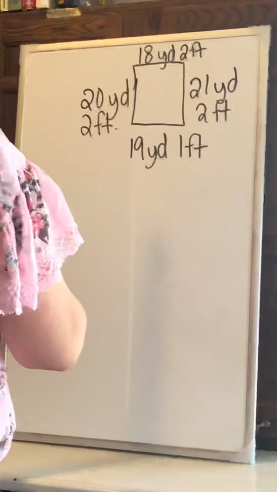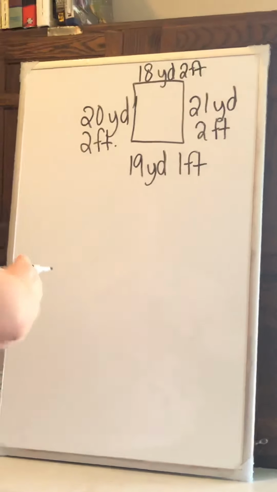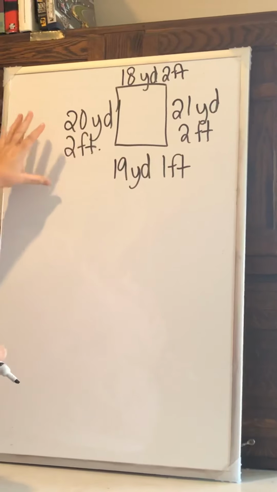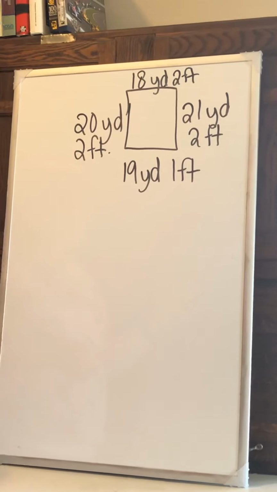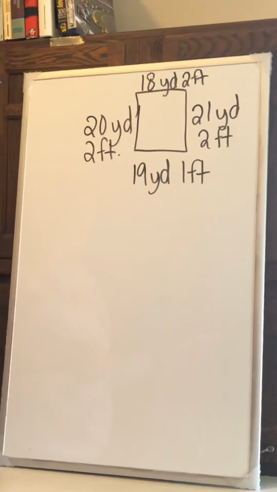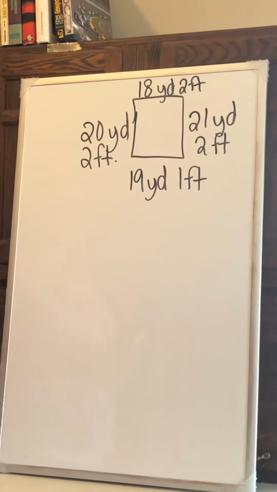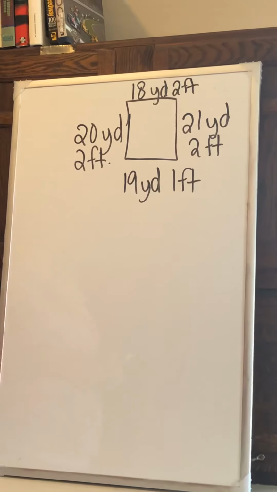Lastly, we have another strange polygon right here. Would this be a true square? Because if it's a true square, remember, it would be equal on all 4 sides. So what kind of polygon would this be if it's not a square?